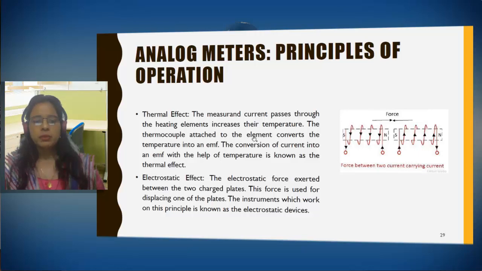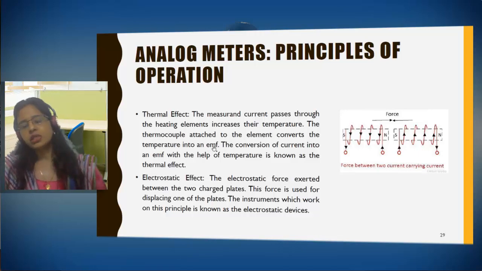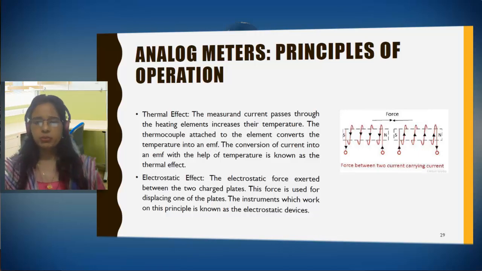The thermocouple attached to the element converts the temperature into an EMF. The difference in temperature at the two junctions gives rise to the production of EMF. The conversion of current into an EMF with the help of temperature is known as thermal effect. So the current is converted into EMF with the help of the temperature produced due to this current.